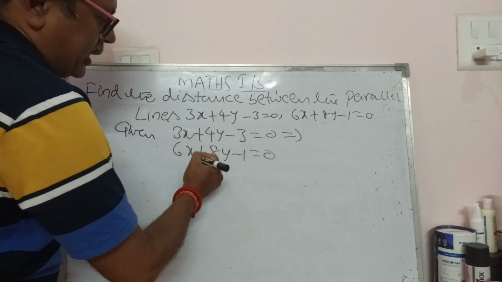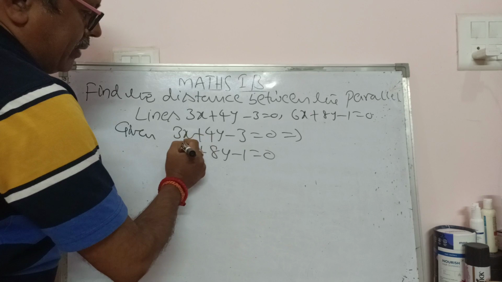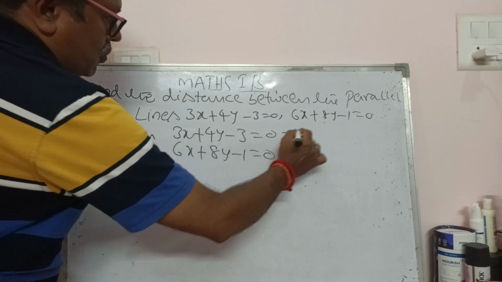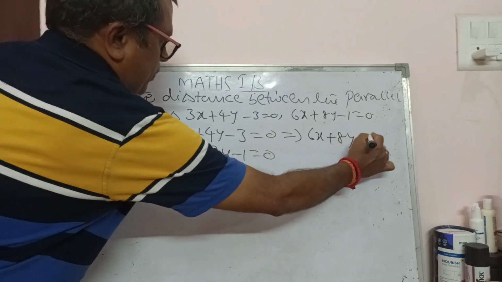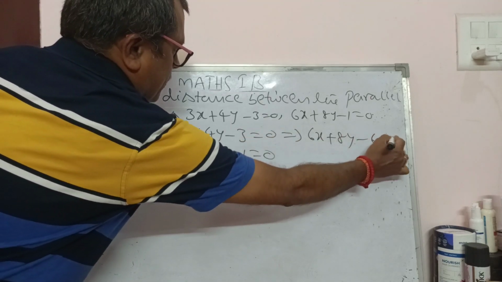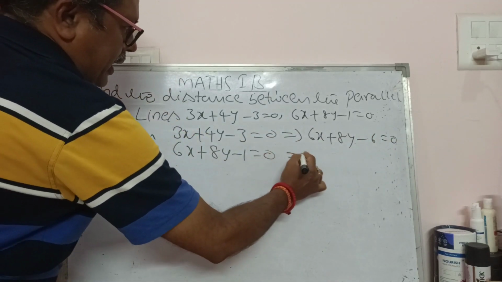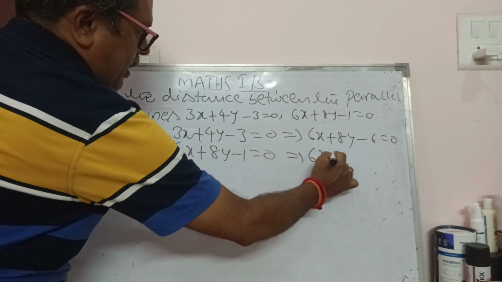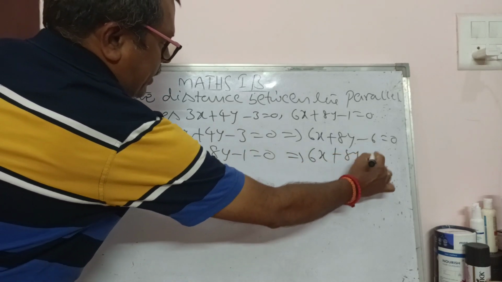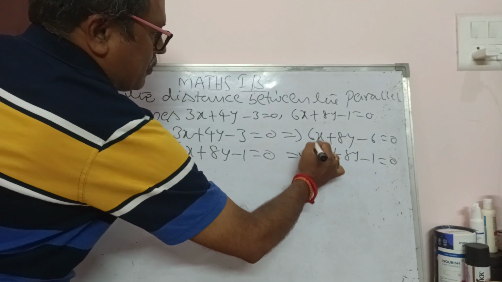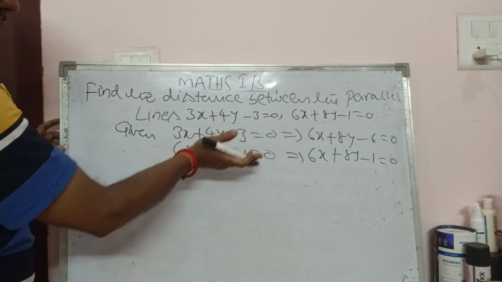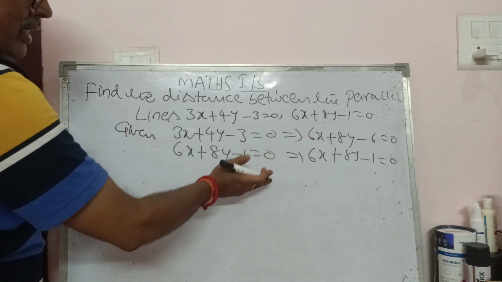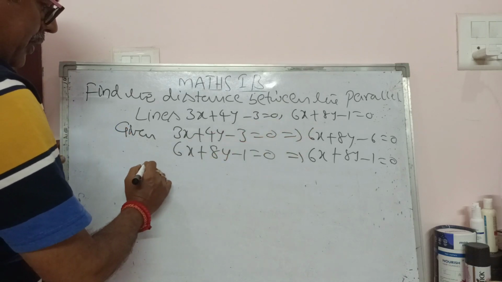To make the coefficients equal, let us multiply the first equation by 2. It becomes 6x plus 8y minus 6 is equal to 0. The second equation is 6x plus 8y minus 1 is equal to 0. Therefore a1 by a2 is equal to b1 by b2, so the lines are parallel.